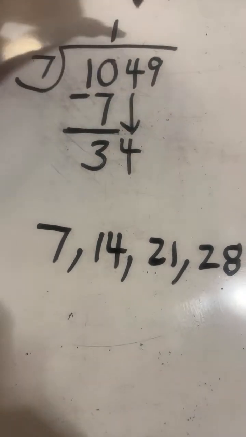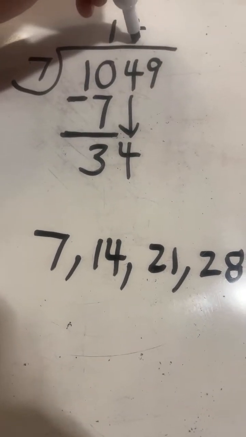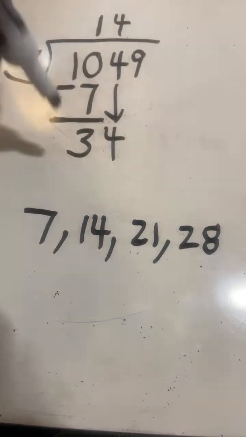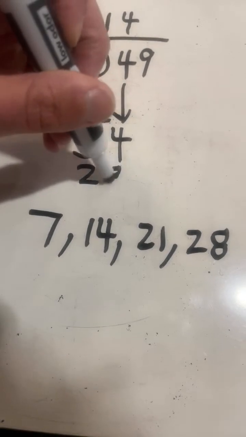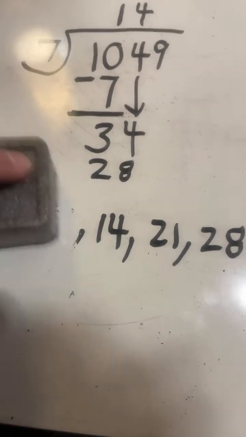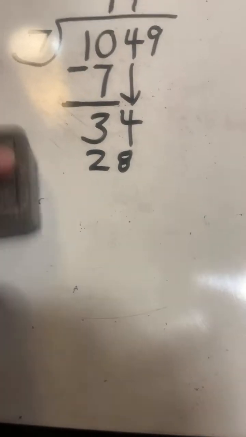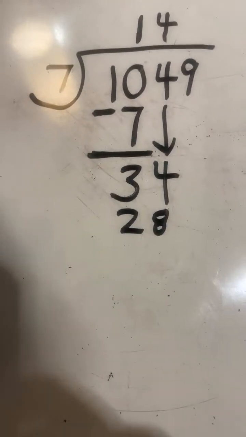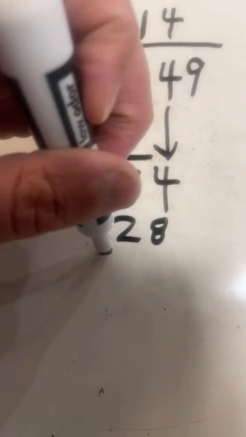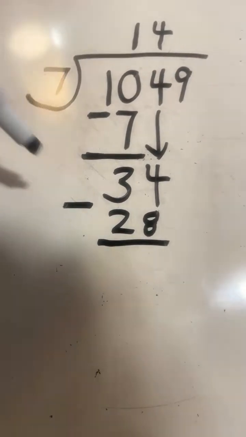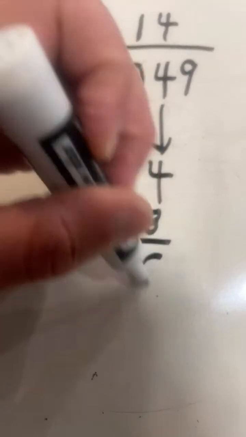So 34 divided by 7 equals 4. We do have a remainder. The closest we could get to 34 without passing it was 28. So that is what we need to subtract to find our remainder. 34 minus 28 equals 6.